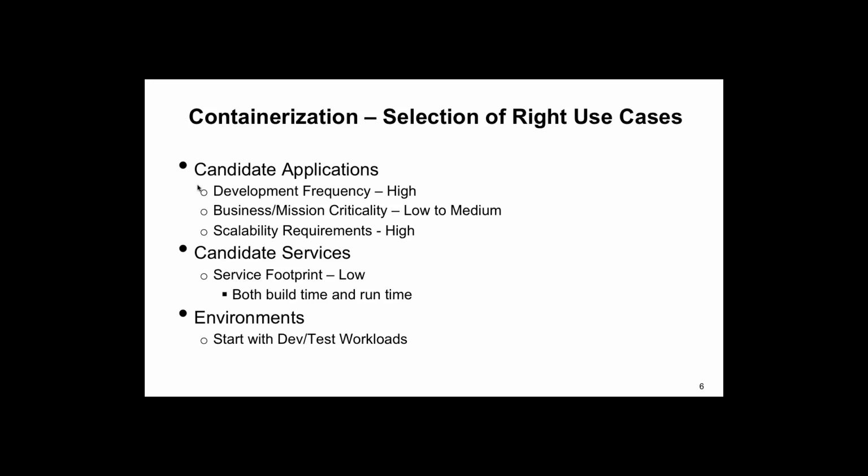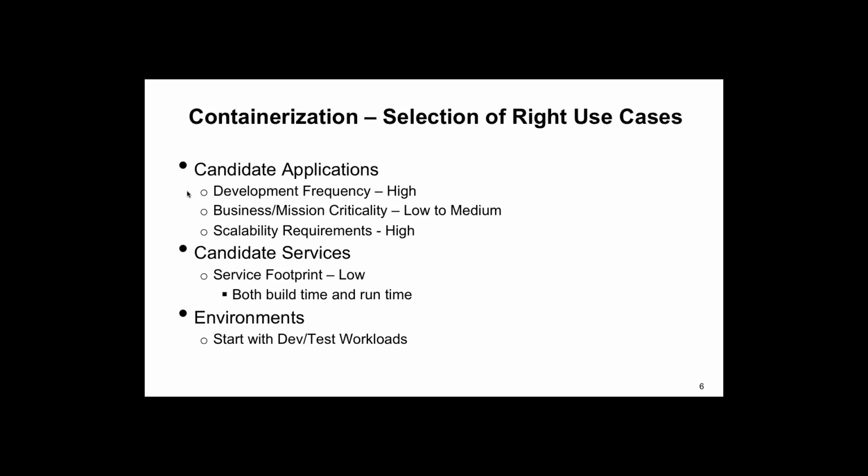And the next one is, how do we pick the services within an application for containerization? Now, when you have an enterprise application, it's a composition of a number of different disparate systems. Some of them talk to enterprise resource planning or ERP systems. Some of them talk to CRM systems. Some of them talk to external SaaS systems. So all of these in a composite way make an enterprise application.